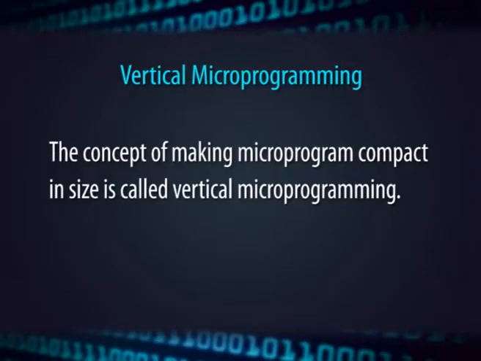The size of the micro instruction may be reduced to log x bits only. However, the reference using log x bits must fetch the larger n bit micro instruction, requiring a 2 level fetch hierarchy. The concept of making microprogram compact in size is called vertical microprogramming, as explained earlier.